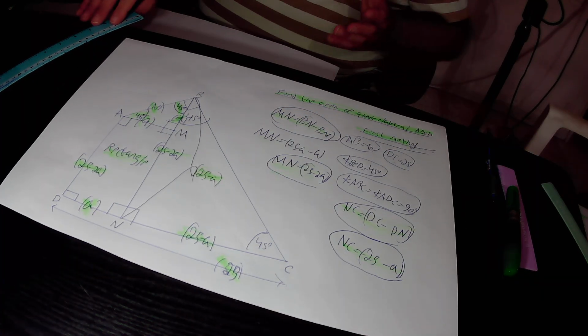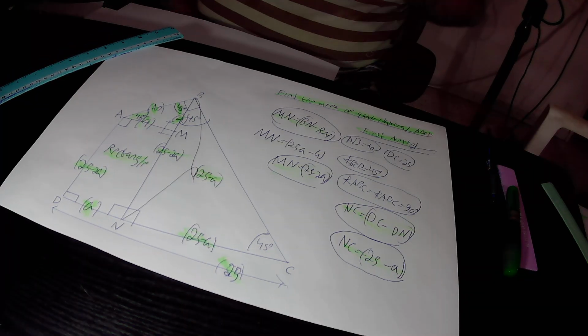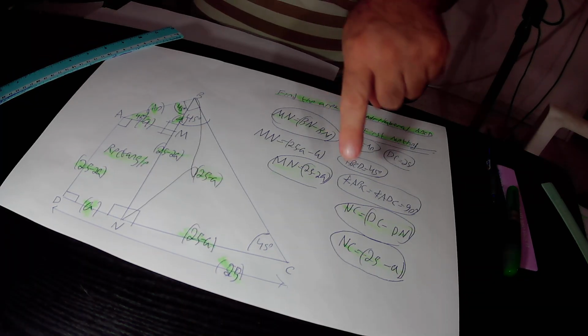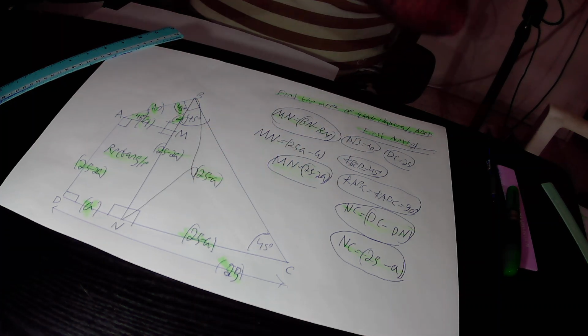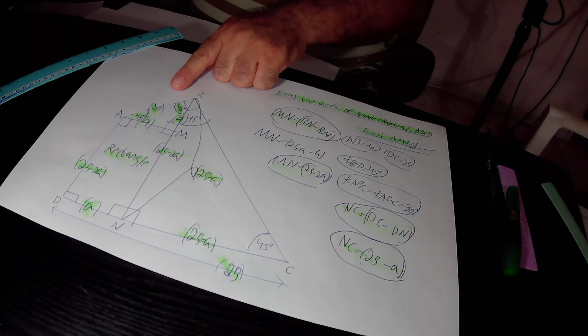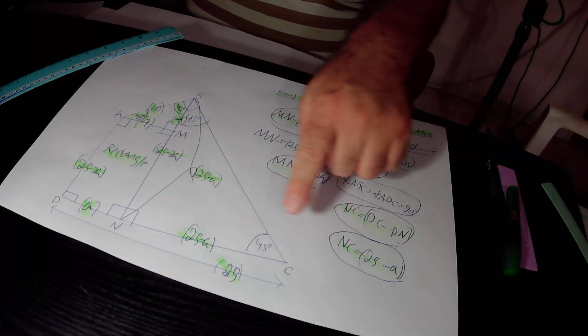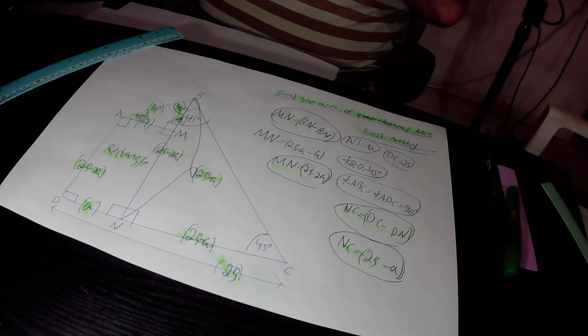In the second question, our task is to find the area of this quadrilateral ABCD. So in the drawing we have quadrilateral ABCD. Side AB equals 10 units in length, side DC equals 25 units in length.